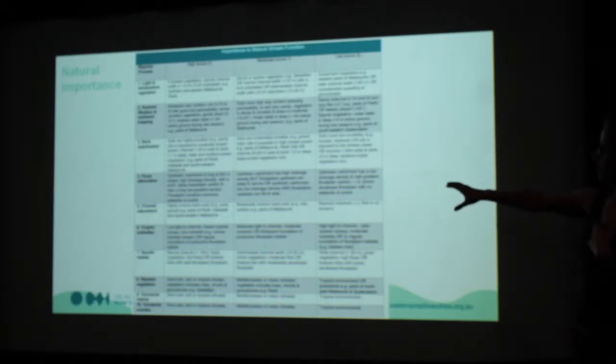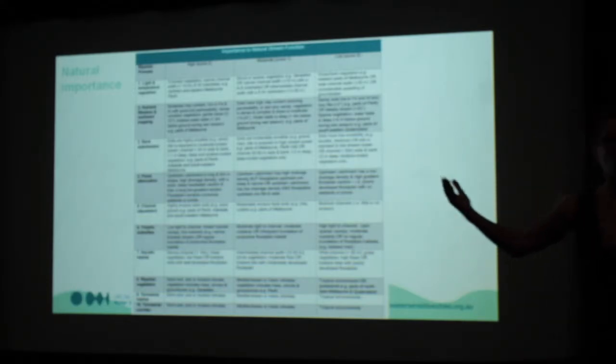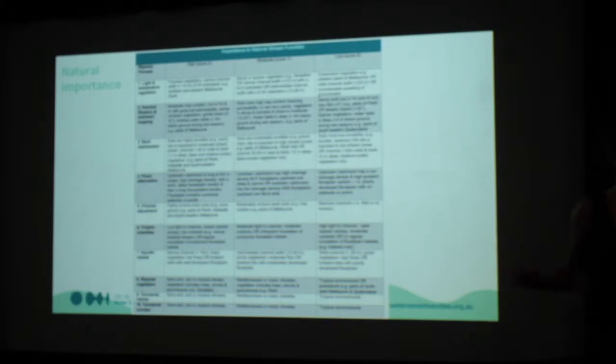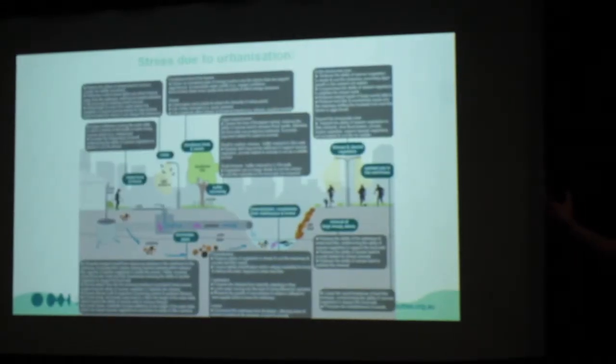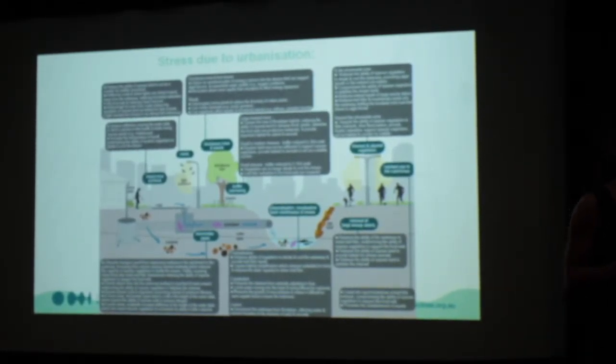So there's tables inside the guidelines that let you know for your given site, is light and temperature regulation likely to be important for your site or not. So you can work through and score your site for these different functions, with a lot of information about how urbanisation stresses all the natural functions the riparian zone provides, and you can then estimate how stressed it is.